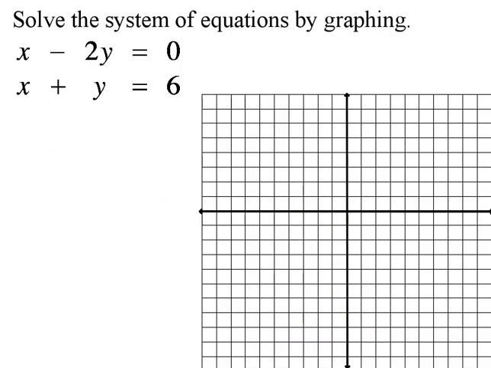Okay, let's go ahead and look at another one, just to make sure we've got things down. The first thing you need to do is find the slope of your first line. So what's the slope going to be here? -1 over -2, so my slope is 1/2.